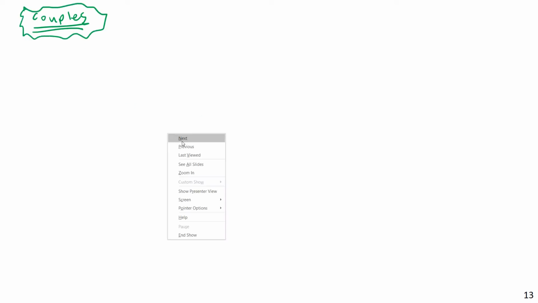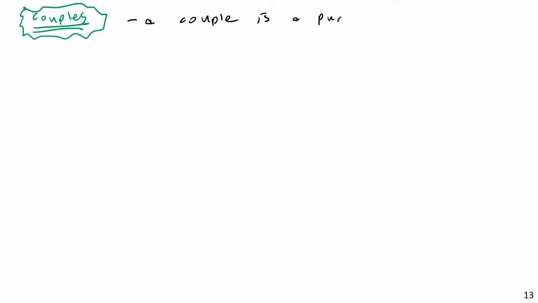And, well, if you've probably figured it out by now, the way to do that is couples. Or a couple. Couples will save us. So, again, a couple is a pure rotation, or a pure rotational tendency.